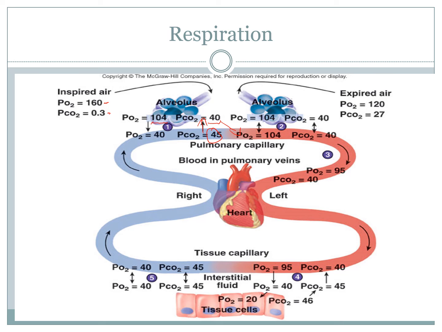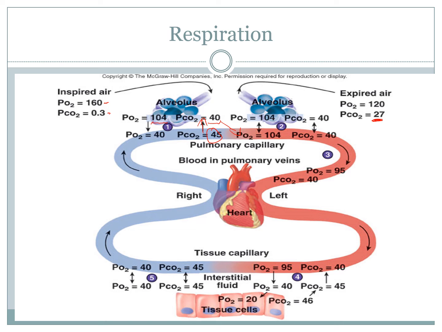The expiration obviously blows it into the atmosphere, but the swapping at the external ventilation area happens during inspiration, not expiration. Right. Once the now oxygenated blood travels around the body, it gets to the tissue.